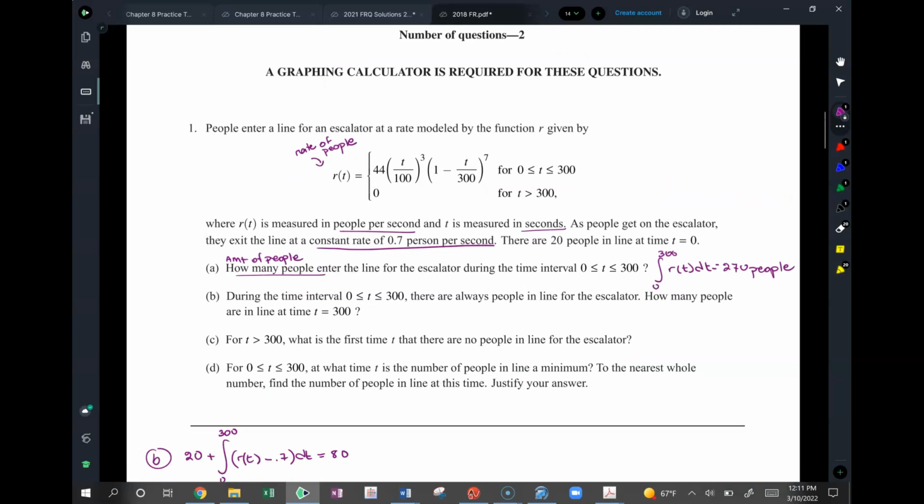Past 300 seconds, no one's getting in line anymore. At 300 seconds, apparently there were 80 people still in line. And now, the first time that there are no people in line is when that last person leaves. So, if there are 80 people in line and they're leaving at a rate of 0.7 person per second, how do we know when this is all going to finish?